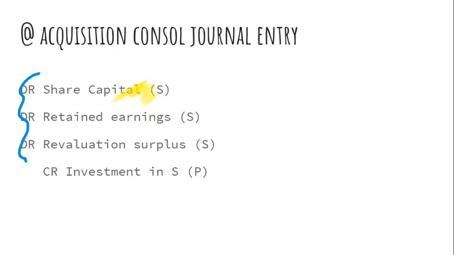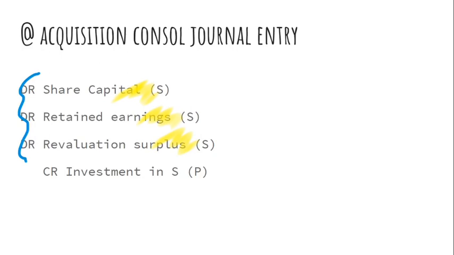You are familiar with eliminating the retained earnings of the subsidiary at acquisition date, but I specifically added another equity item which you haven't seen in chapter 1 to 3 last year, which is the revaluation surplus. And the reason I'm doing that is to show that it's all the equity of the subsidiary at acquisition date that eliminates against the investment.